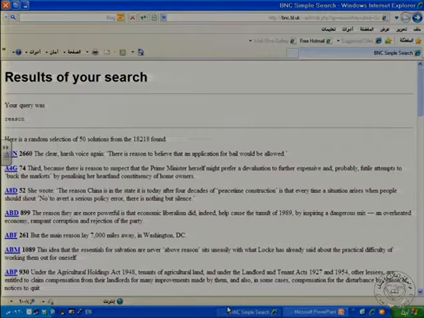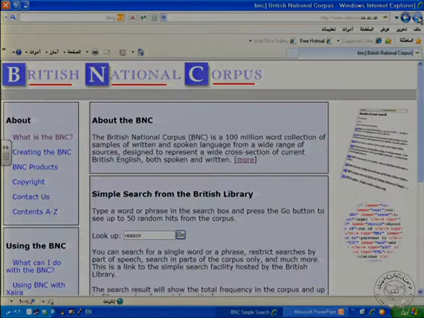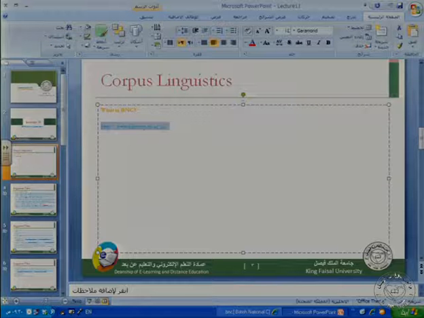For example, you want the word reason without the or there or other words. You can get all of this information. But this is just to give you a feeling about how you can search in a corpus. You can use it for yourself, for fun, and you can get all the information that might come to your mind.